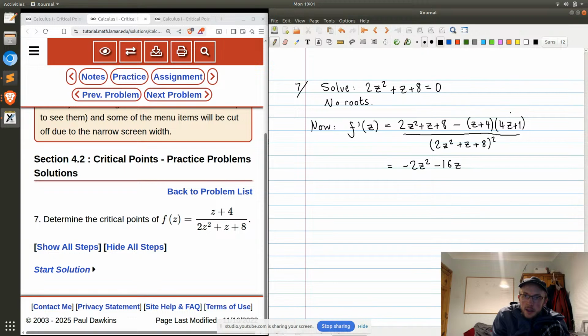And then 8 minus 4, well, that would just be 4 by itself. And then our job is to find out where that is equal to 0. And that's going to be equal to 0 when the numerator is equal to 0.